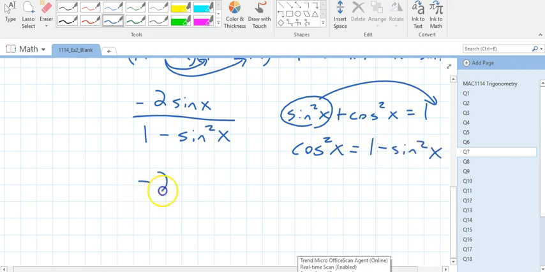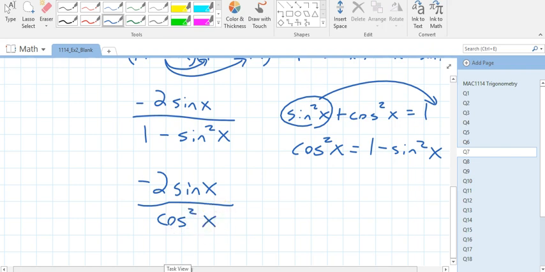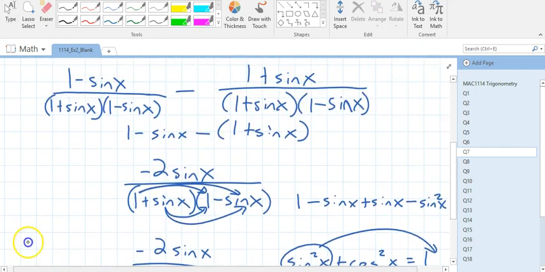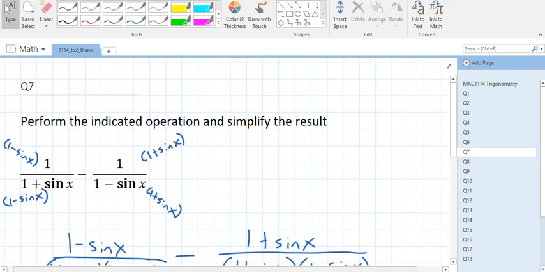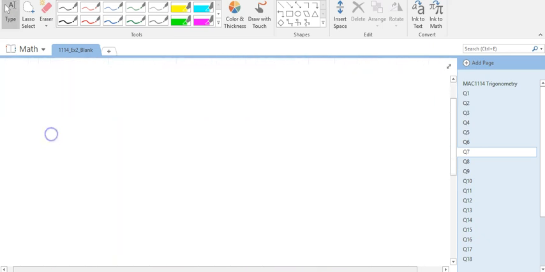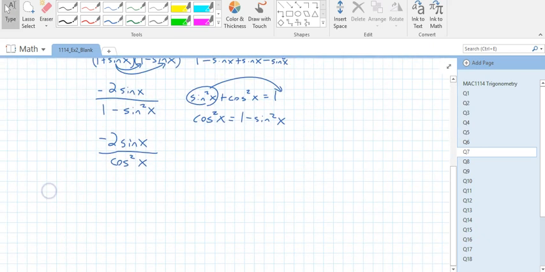So we can change this to that. Okay? Is there anything else we can do? Well, all they wanted us to do was do the operation and simplify. That's as simplified as it gets.